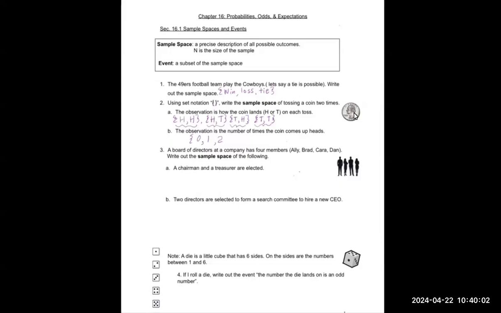I could have gotten one head, or I could have gotten 2 heads. So those are all of the total possible outcomes of the different numbers of heads that we could possibly have gotten. Okay.